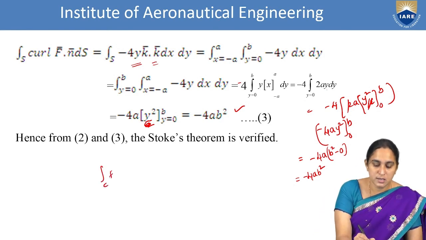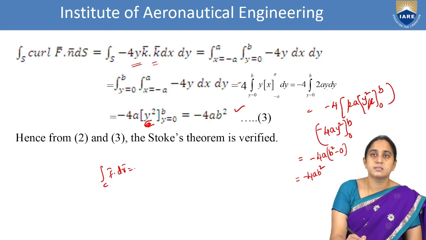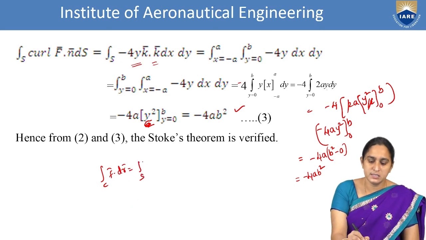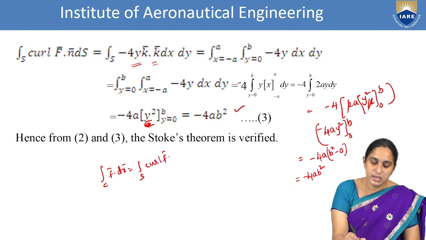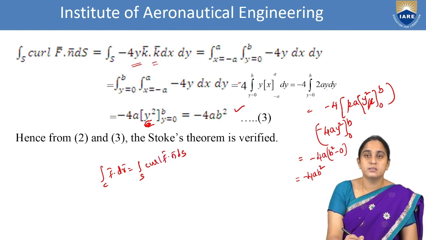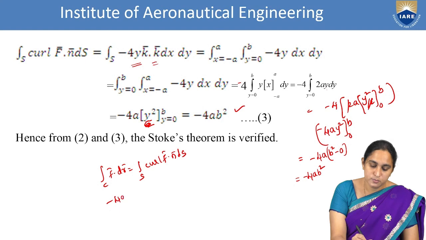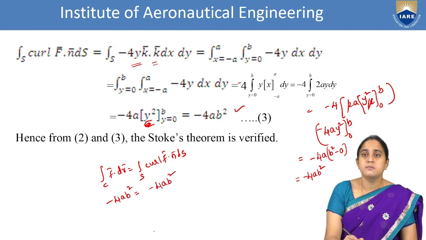Therefore integral C f bar dot dr bar is equal to integral S curl f bar dot n bar ds, this is minus 4ab square and this is also minus 4ab square.